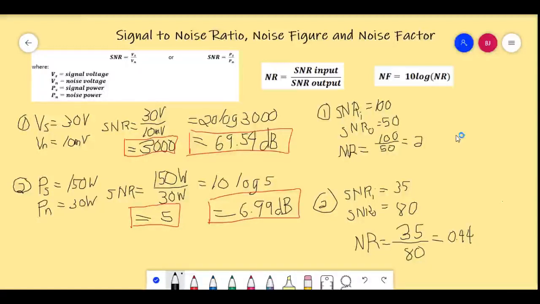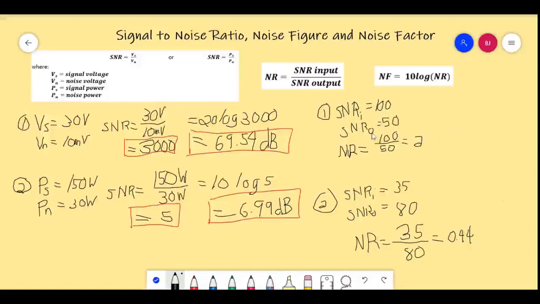Okay, again, the noise figure, if it's higher than 1, means a degradation in signal to noise ratio. A noise figure in between 0 and 1 means an improvement in the signal to noise ratio in the input and the output. The noise factor, on the other hand, is actually directly calculated from our noise figure.